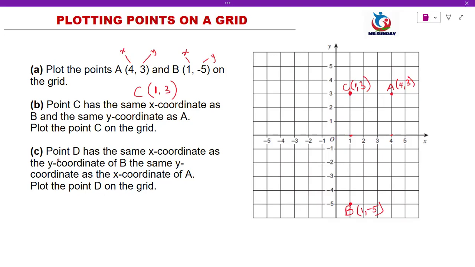Then the C part of our question now says point D has the same x coordinate as the y coordinate of B. So our point D will have the x coordinate, the y coordinate of B, and that is negative 5.